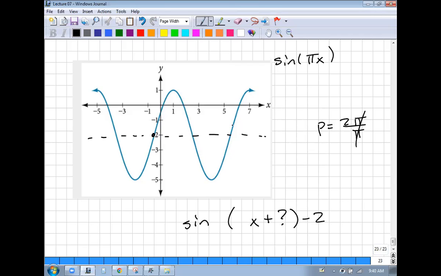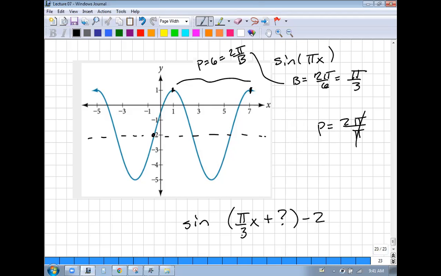Let's see. Kind of hard to tell. From 1 to 7, the period is 6, right? So the period is 2 pi over whatever that b value is. So b is going to be 2 pi over 6, or pi over 3. I know I need a pi over 3 here, right?